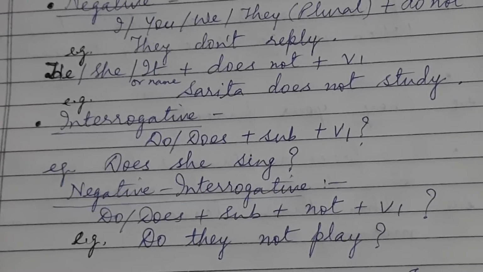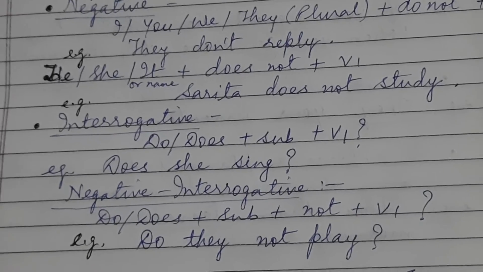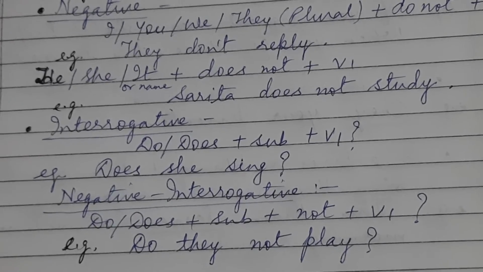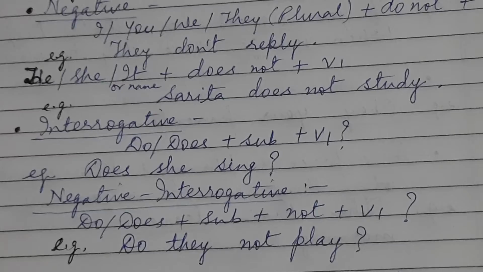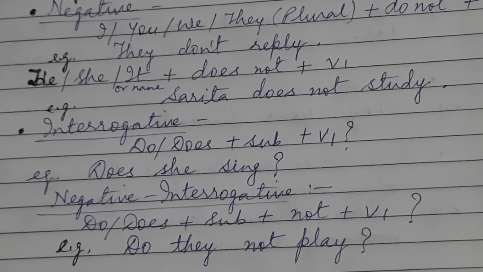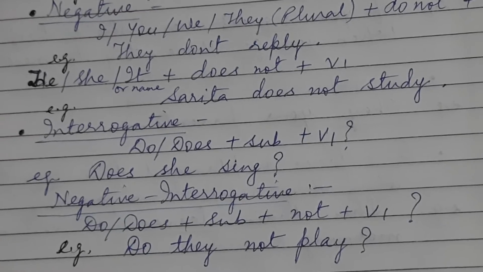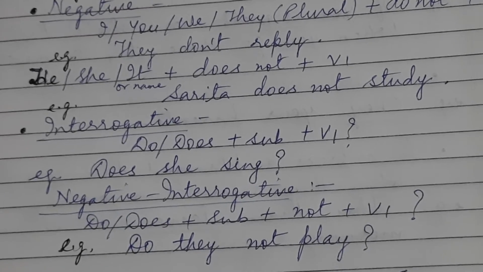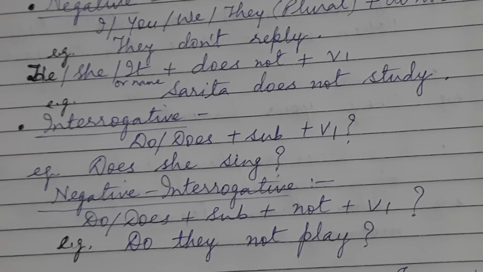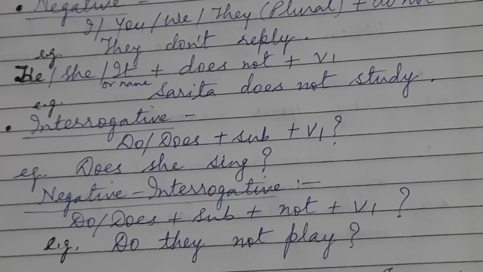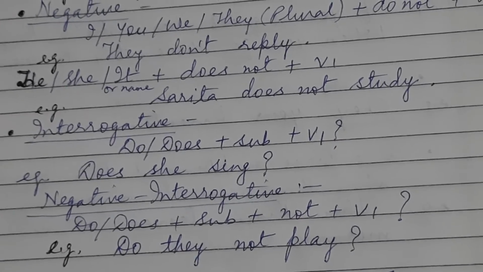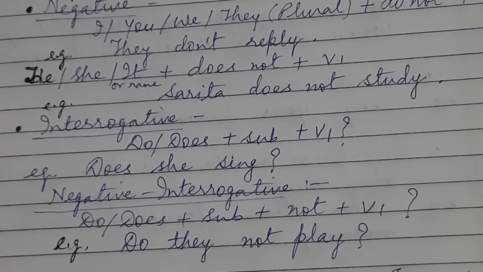And in negative interrogative sentences, what do we do? A negative interrogative sentence means we ask a question, but in that sentence we also use not. This is an interrogative sentence, but its sense is not positive, it is negative. That's why we call it a negative interrogative sentence.